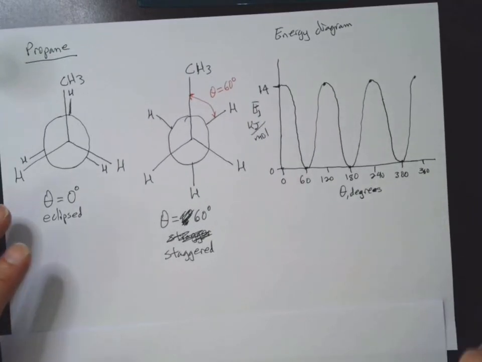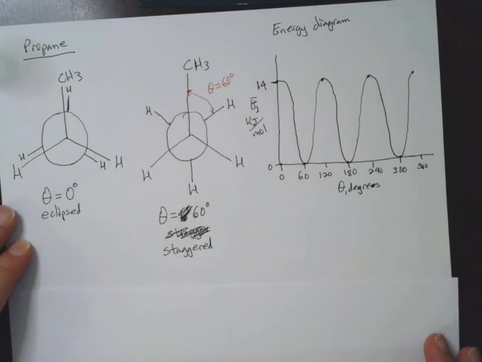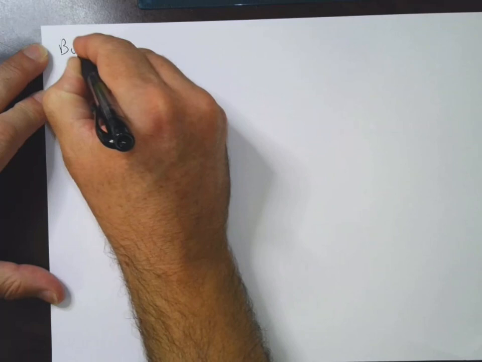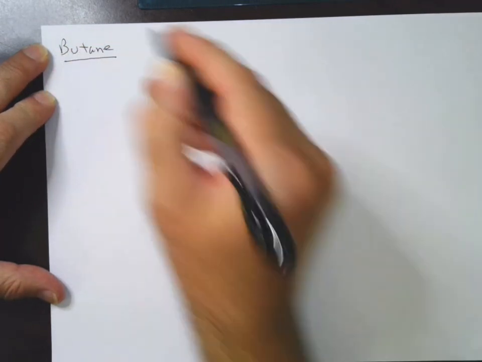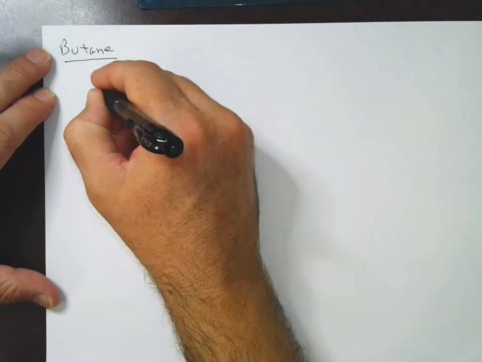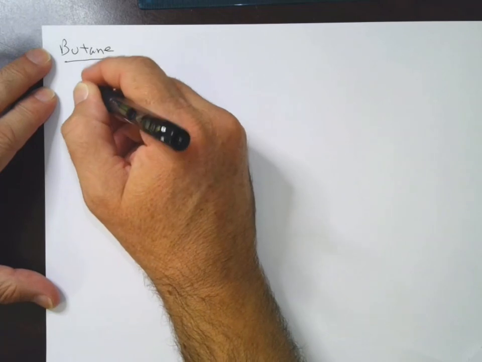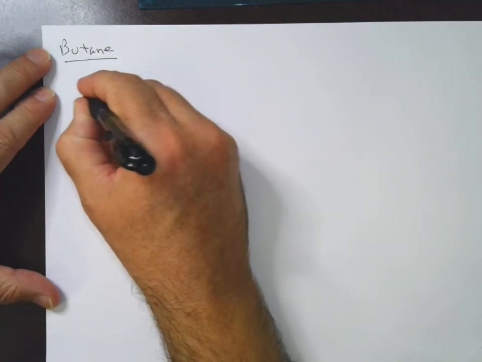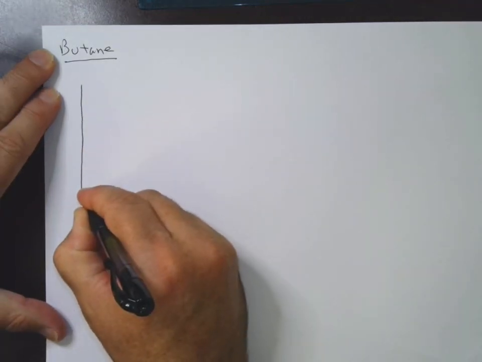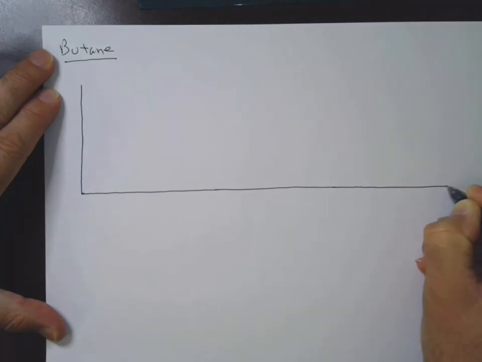Anyway, I'd like to refer to figures in the text, because a lot of times the text draws things a bit better looking than I do. All right, let's look at our last case here, and that is butane. Let's draw our graph here, and I'll see if I can squeeze in all of these conformations.